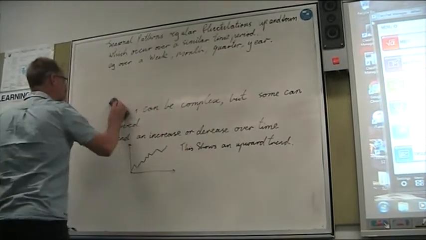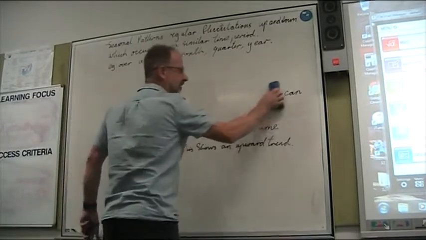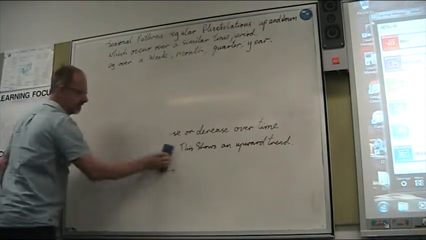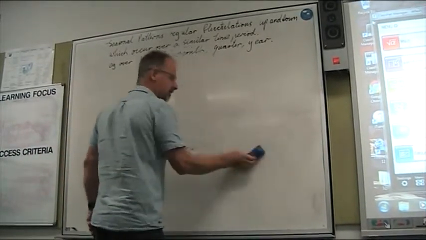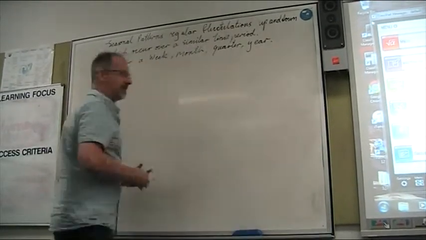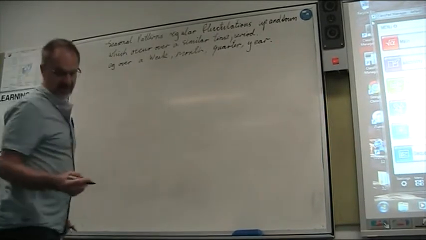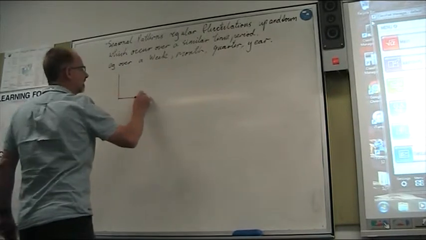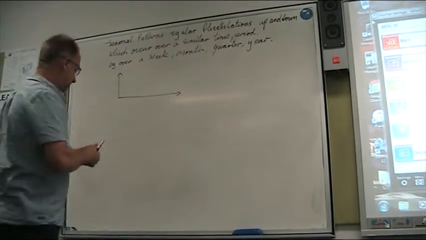So, for example, power use tends to be more in summer when you're using your air conditioner, more in winter because we need lights on longer, and not so much in spring and autumn. So something which has a seasonal pattern might look something like this.